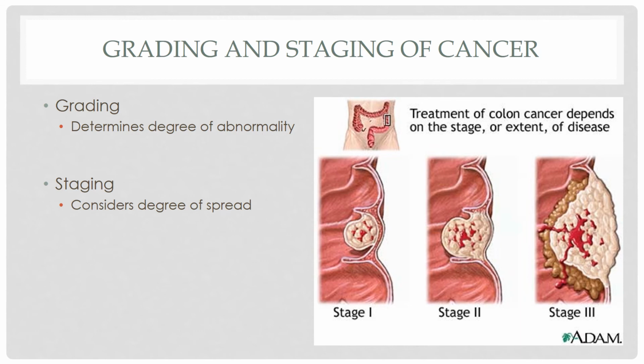Did it spread beyond the organ in which it first developed? And is it in lymph nodes and organs adjacent to the location of the primary tumor? And stage 4 will be the cancer spread to other organs.